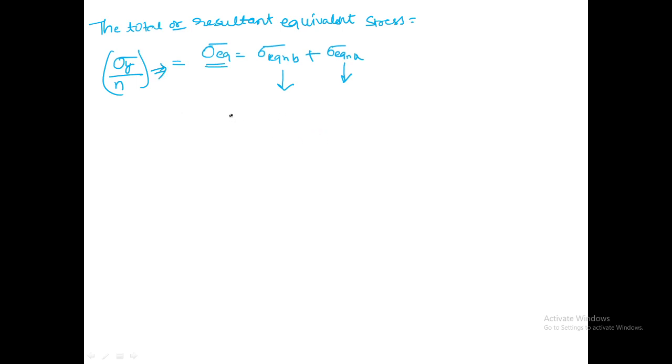Now let us substitute here. This is 1.387 into 10 to the power of 7 divided by d cube, correct, plus 20.04 into 10 to the power of 3 divided by d square, okay.